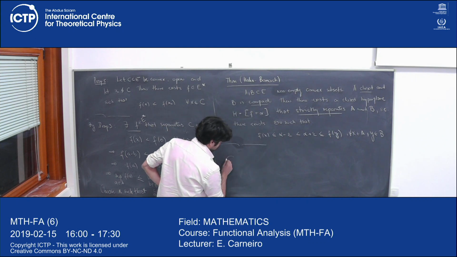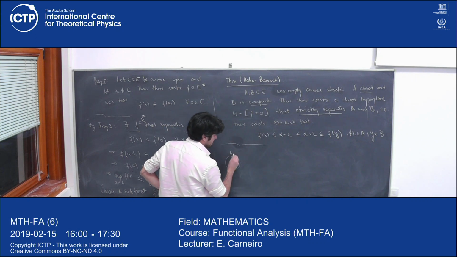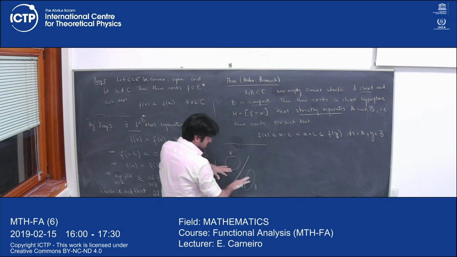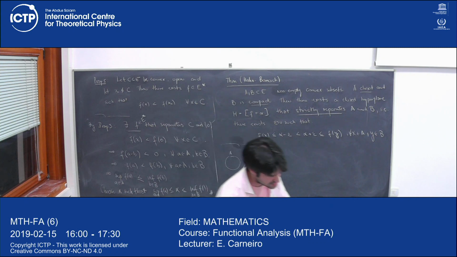Now you're in the situation where you have to strictly separate these two sets, A and B. You want really some distance here. The proof is pretty much the same.